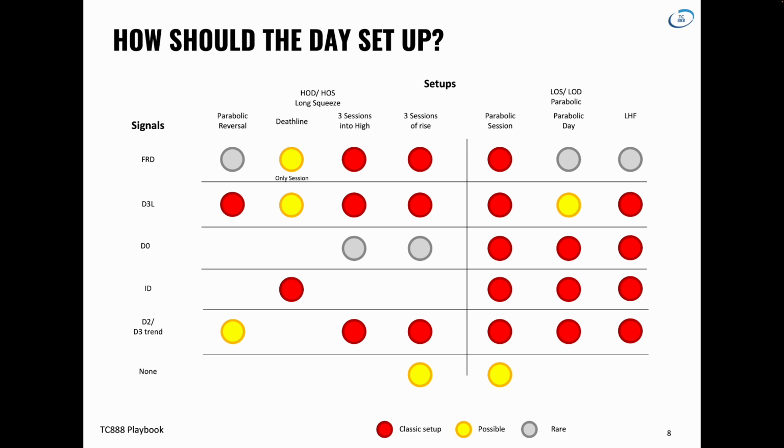You just look that you're not counter-trending anything, but you don't necessarily follow higher time frame signals, because a nice 3 sessions of rise, if you have this on the day and it fails at the top, you don't care what else is happening. Of course, if you're in a parabolic channel, you need to be a bit careful, but otherwise this can be a very nice trade, ignoring everything else that happens on the higher time frame.